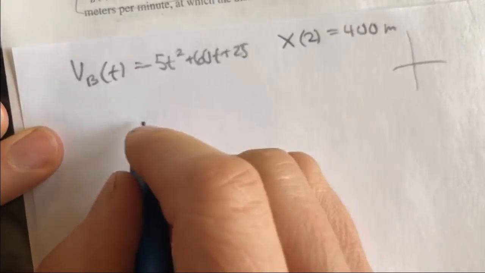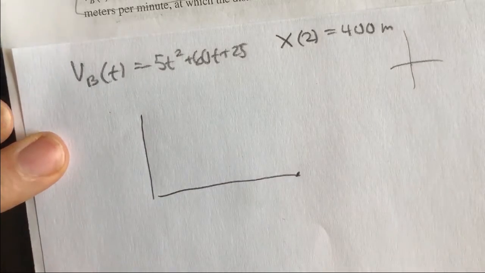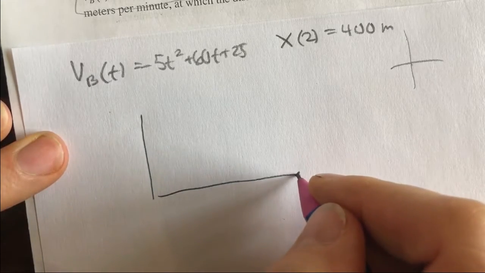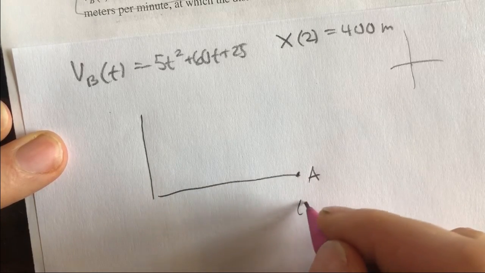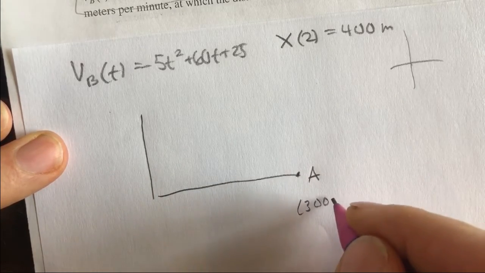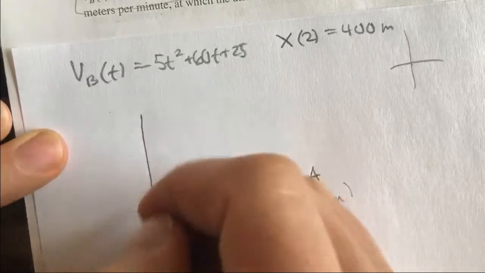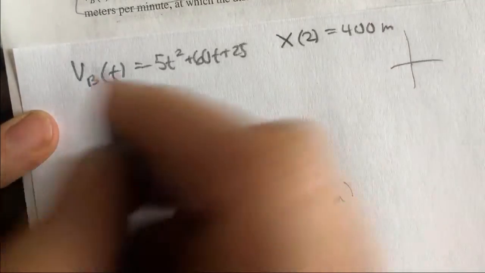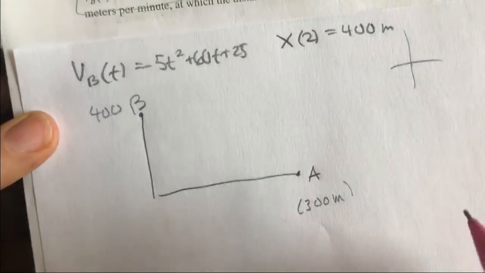Okay, so if you recall, remember at time t equals 2, they told us A, this is train A, was 300 meters east of origin, and at time t equals 2, the position of train B is 400, okay.